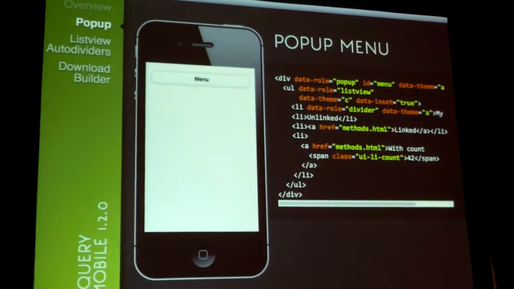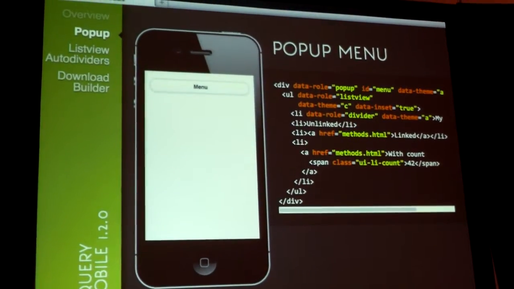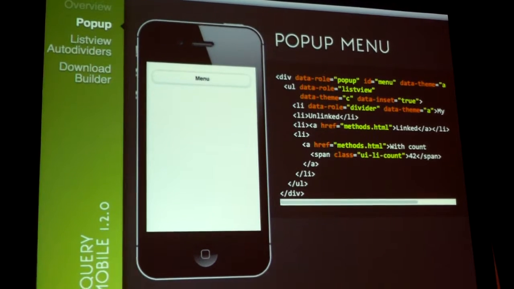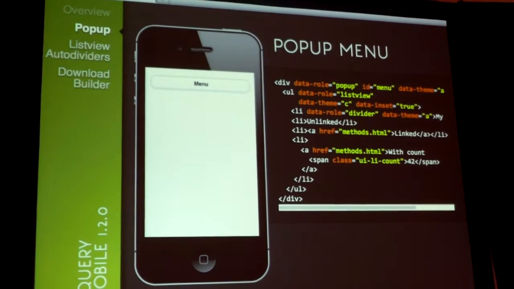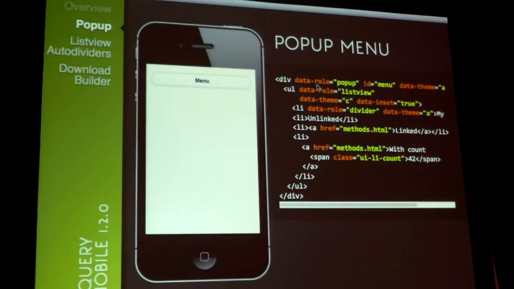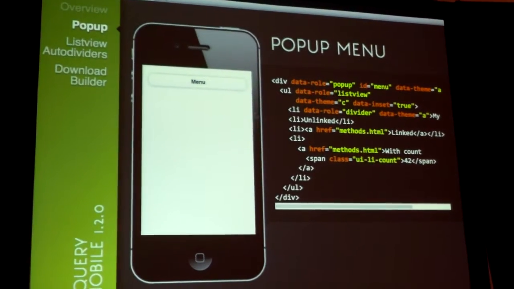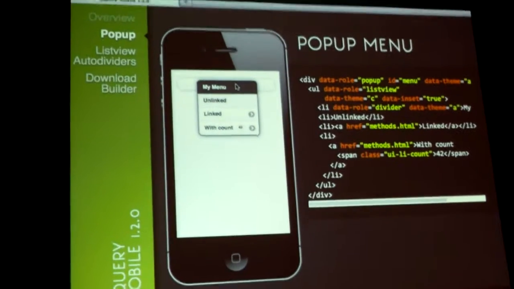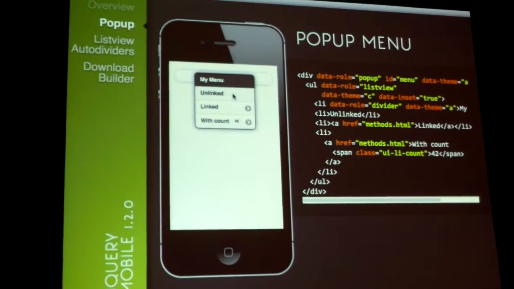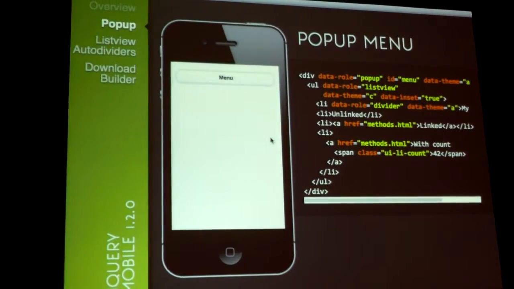Like I said, you can add any kind of content into a pop-up. Say we want to throw a list view within a pop-up, like I have here. So data-role list view, and it's just an unordered list. You click on menu, and now you've got a pop-up menu.